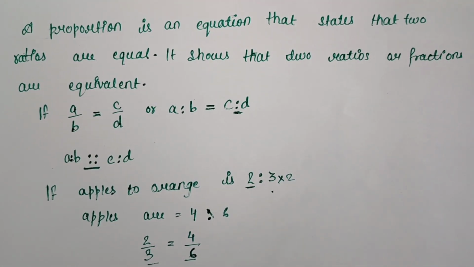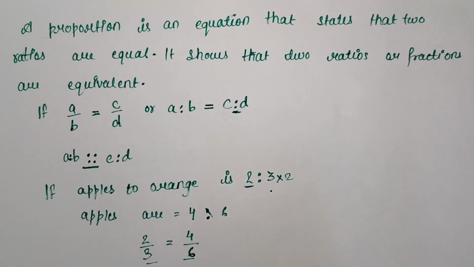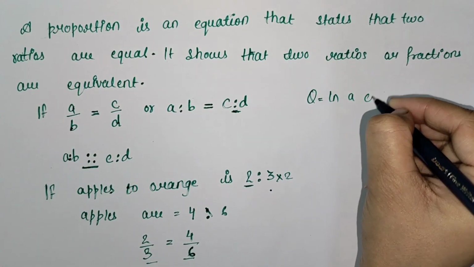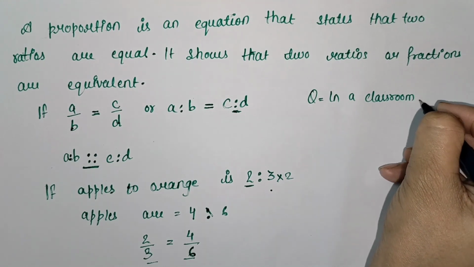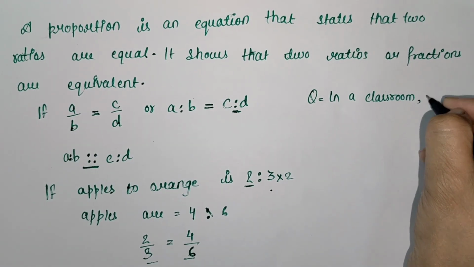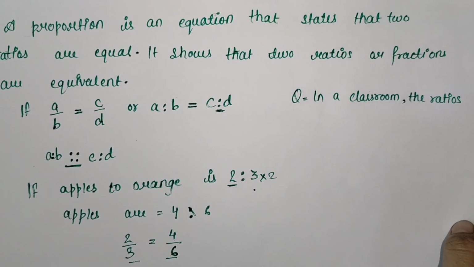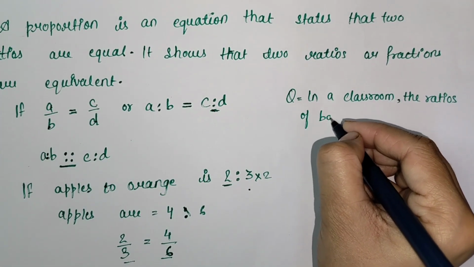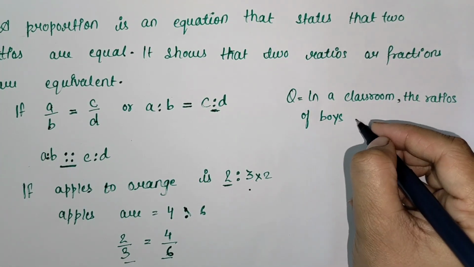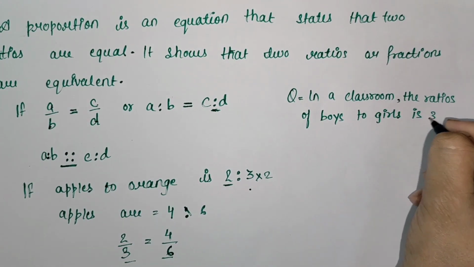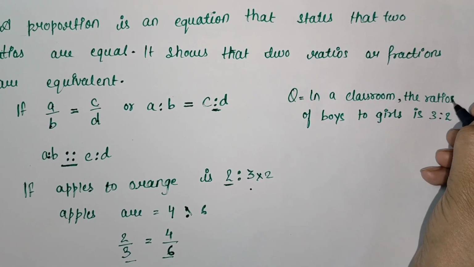Now let us solve one question to understand. The question is, in a classroom, the ratio of boys to girls is 3 is to 2.